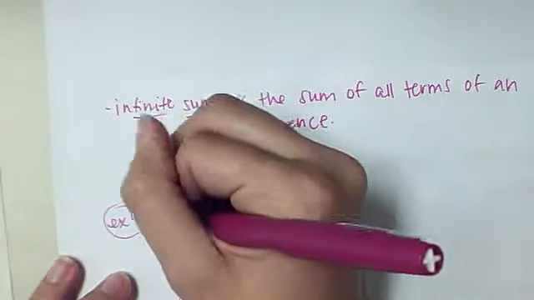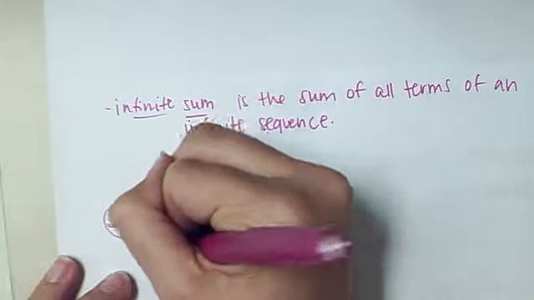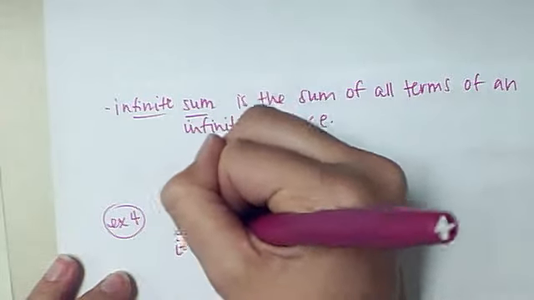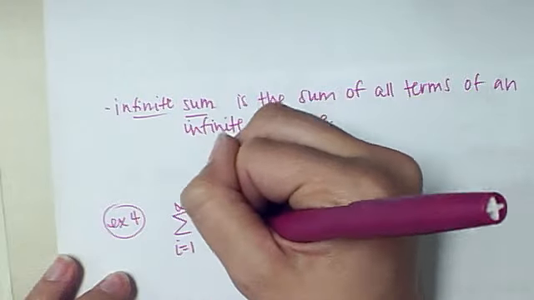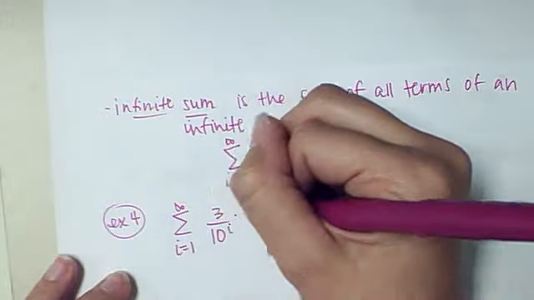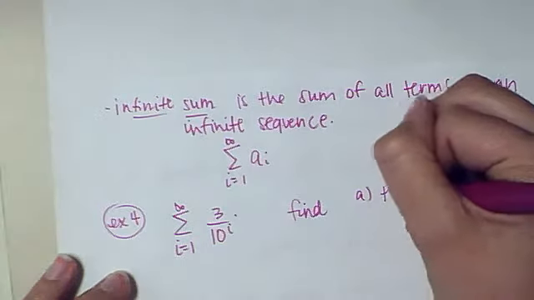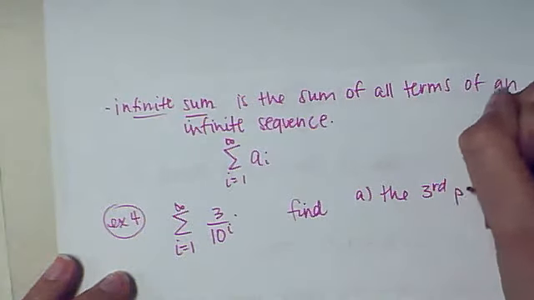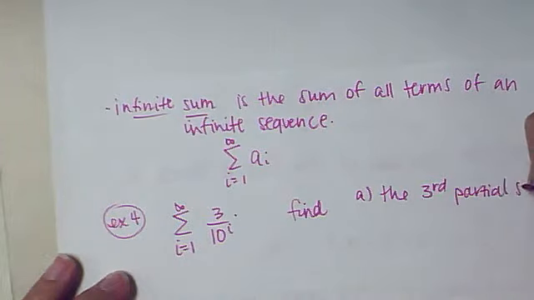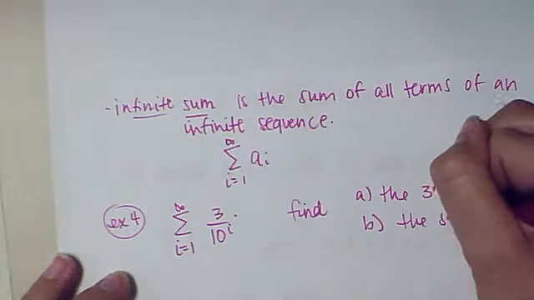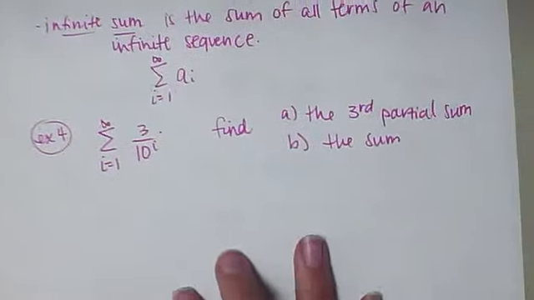Example number 4 for today is the summation of i equals 1 to infinity of 3 over 10 to the i power. And I want you to find A, the third partial sum, and B, the infinite sum. This is a series.